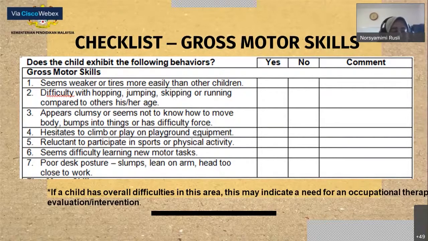Reluctant to participate in sports or physical activity, doesn't like physical activity. Seems to find it difficult to learn new motor tasks. Difficulty imitating movement, especially during physical class activity. And also poor desk posture.